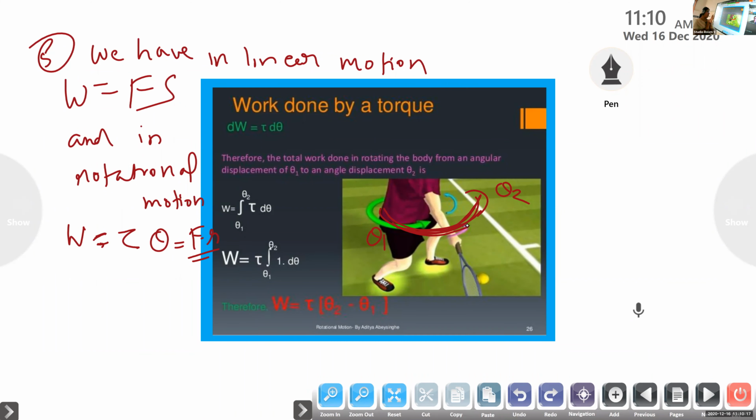Then dW by dt is equal to tau d theta by dt at a time t.